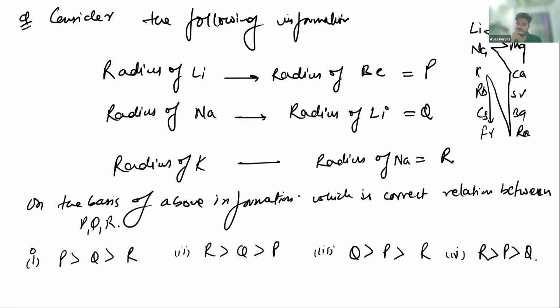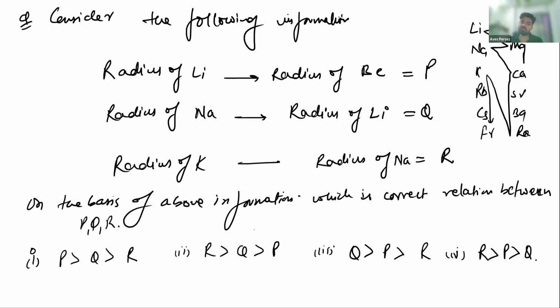The radius of Li and beryllium is P. Na and Li is Q. And the radius of K and Na is R. Which is correct?